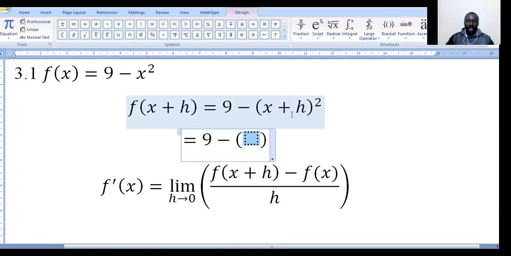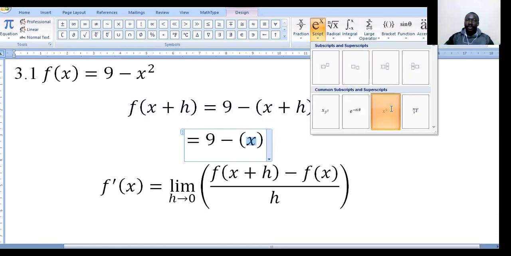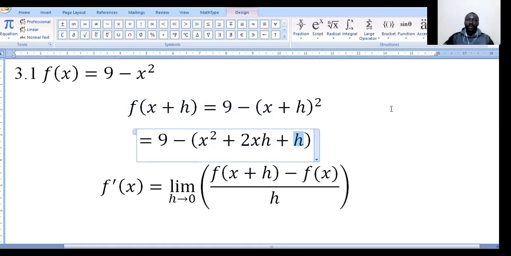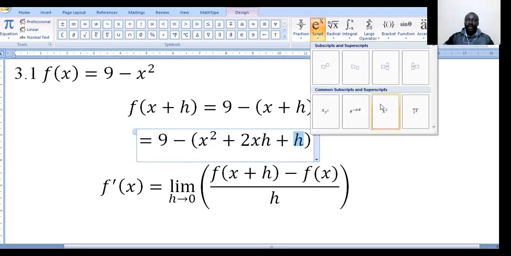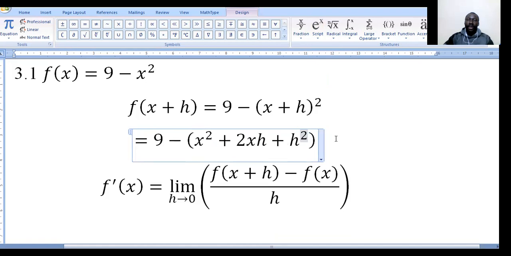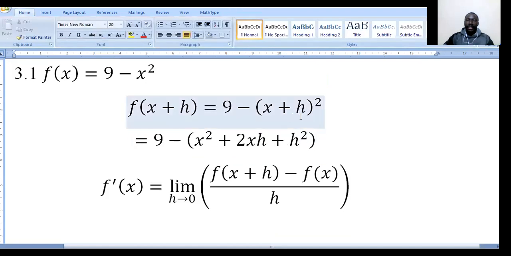That will give us x squared plus 2xh, then plus h squared. That's what we are going to be having when we square x plus h.